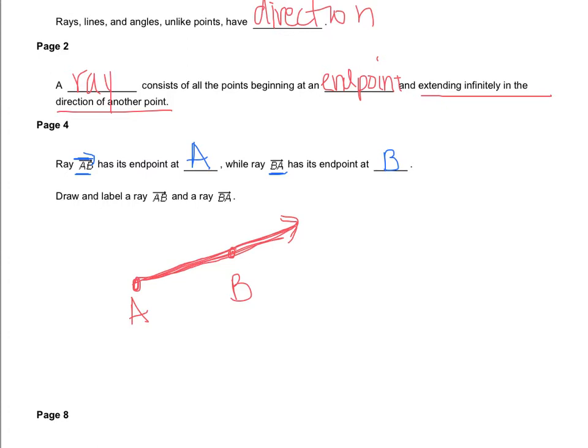So for ray BA, it would look more like this. Here's B, here's point A, and it's going this direction. So its endpoint is B, because if you'll notice, there's a little arrow here, and the arrow is what it goes through. This end that doesn't have anything on it, wherever that is, that's above B, so that's where it starts.